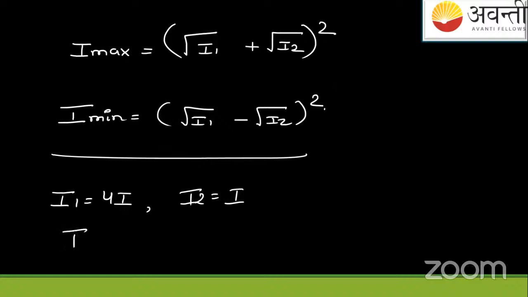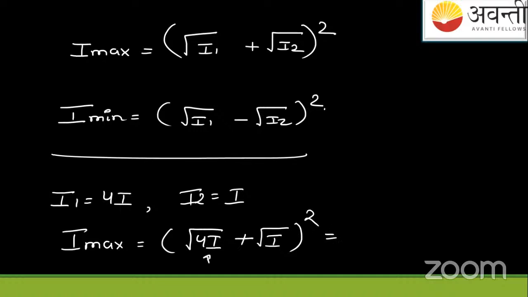So if you find I max, this will give you the value equal to (√4I + √I) whole square, which is (2√I + √I) whole square.